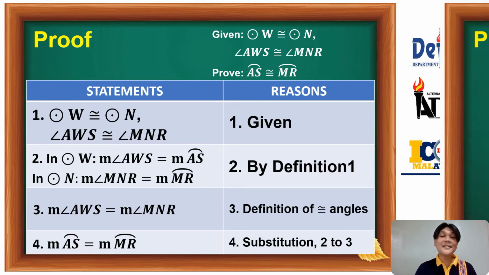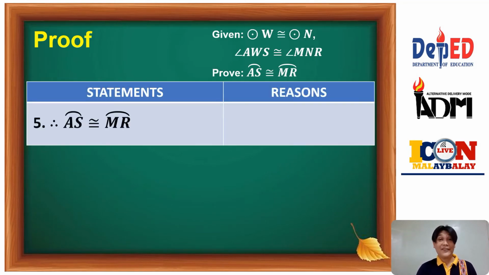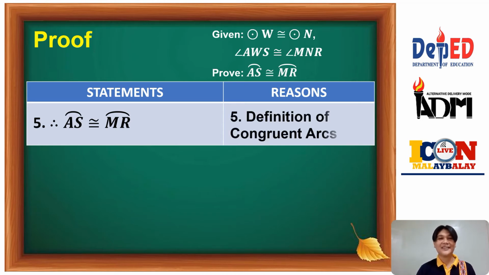Lastly, we can say that therefore arc AS is congruent to arc MR. Why is that? Definition of congruent arcs.